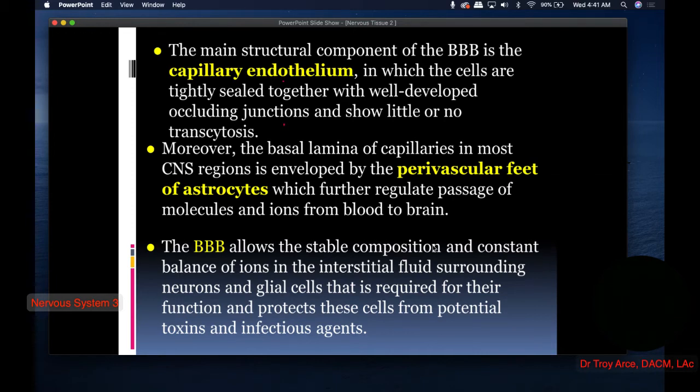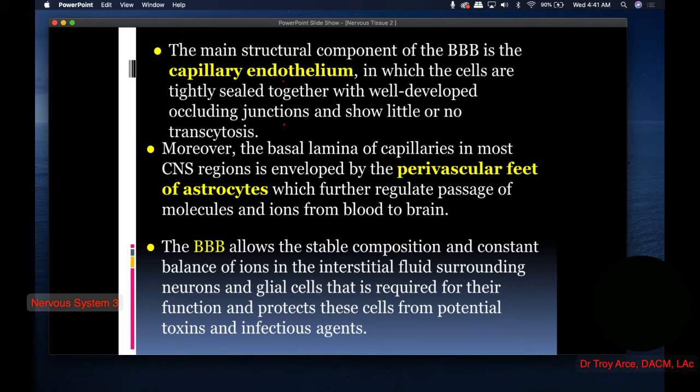And moreover, the basal lamina of the capillaries in most central nervous system regions is enveloped by the perivascular feet of astrocytes. We talked about astrocytes. You should know that astrocytes are within the central nervous system.